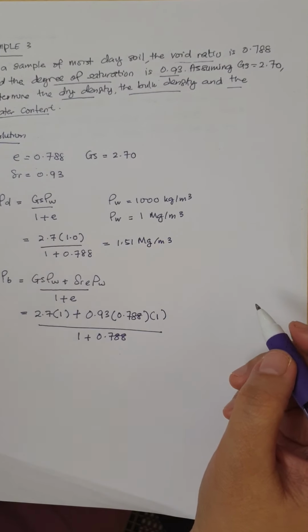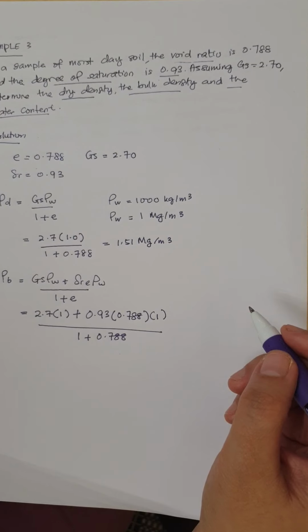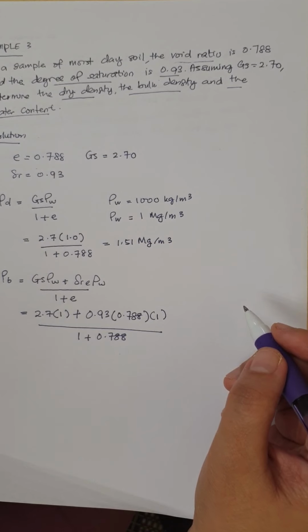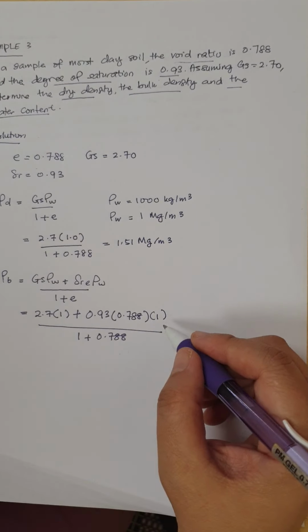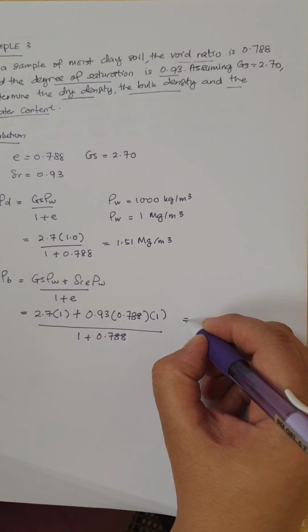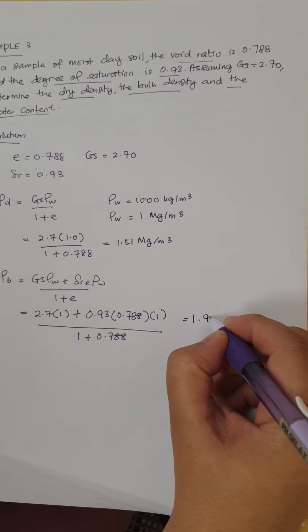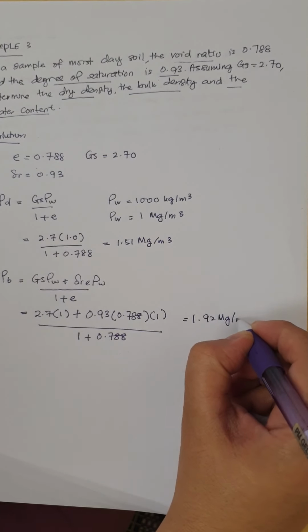So use the calculator, and then you can get your answer of 1.92 megagram per meter cubic.